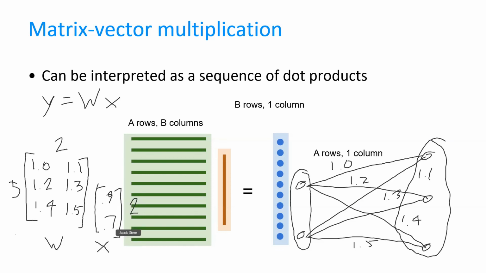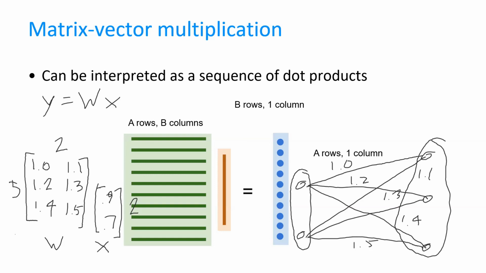If you remember how matrix multiplication works, from linear algebra, you take a vector, you transpose it, and multiply each element of that vector with each element of the top row of a matrix.